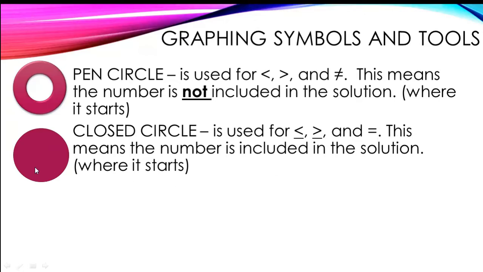This means the number is included in the solution. Wherever you draw this circle, that number is also included. But for the open circle, the number is not included. So please keep in your mind these two circles. One we call the open circle. The other one is the closed circle.